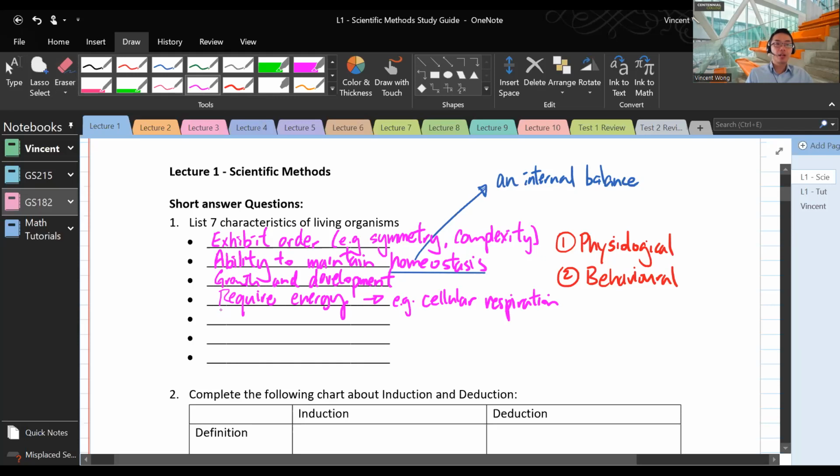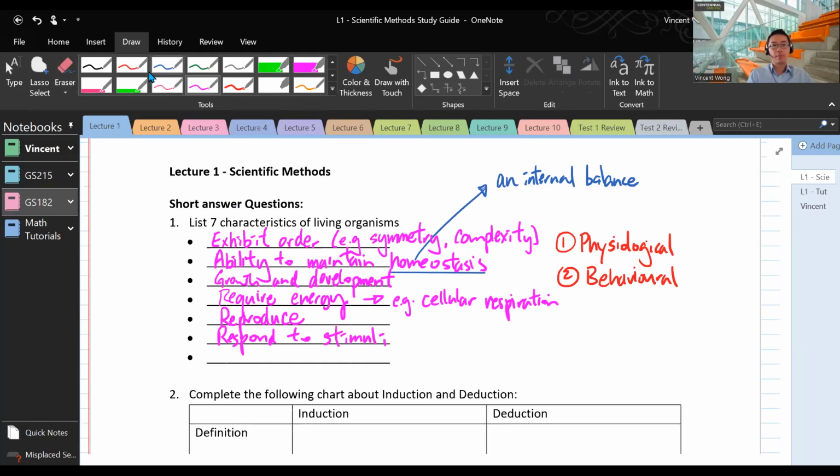Another one is reproduce. Organisms need to reproduce to propagate the species. Another one is respond to stimuli.